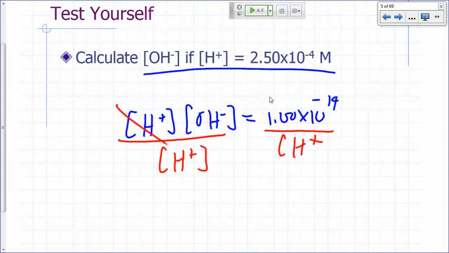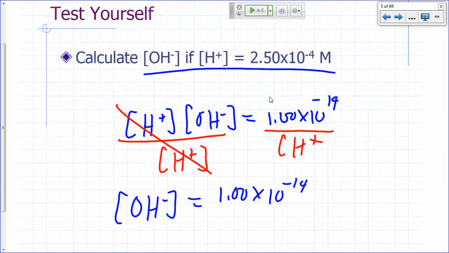So hydroxide is equal to 1.00 times 10 to the negative 14 divided by 2.50 times 10 to the negative 4.